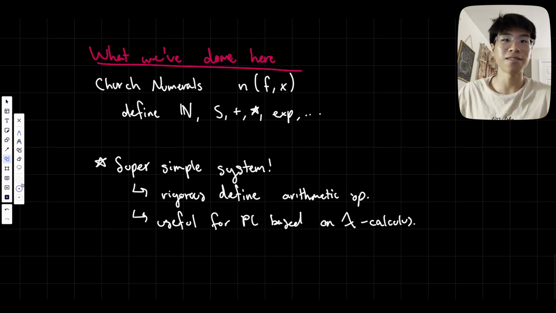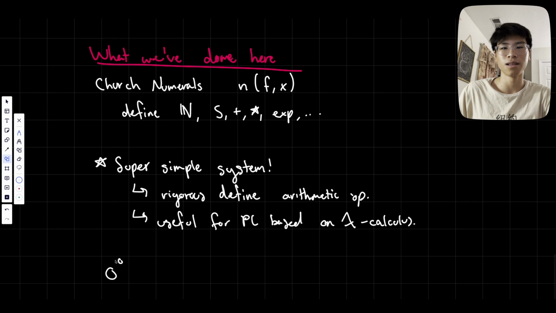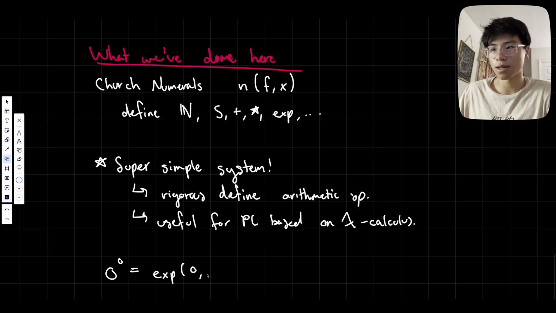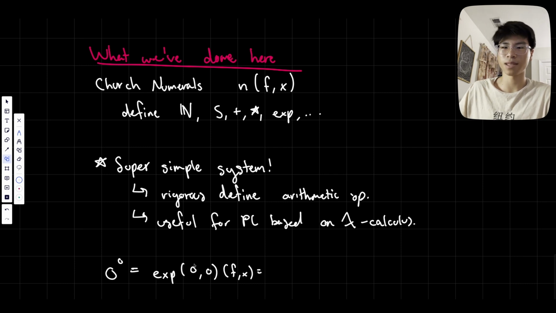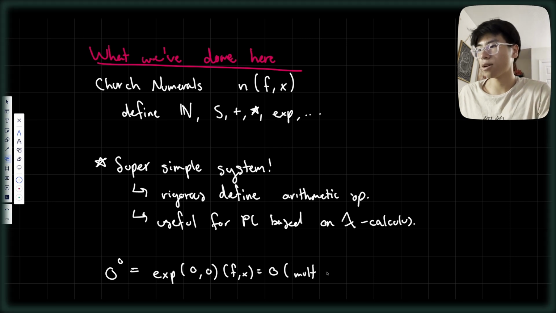And one of my favorite things to do with this is to answer this question. What is 0 to the 0th power? Everyone knows it's undefined, but I just told you that all the operations are defined in these Church numerals. So we should be able to get an answer. Now, if we take the exponential of 0 and 0, and I'll include the f and x this time, we'll be able to say, by definition, this is 0 multiplications of 1 f x.